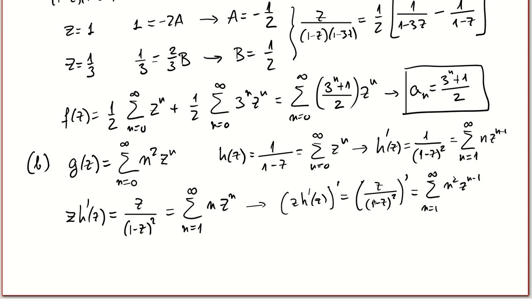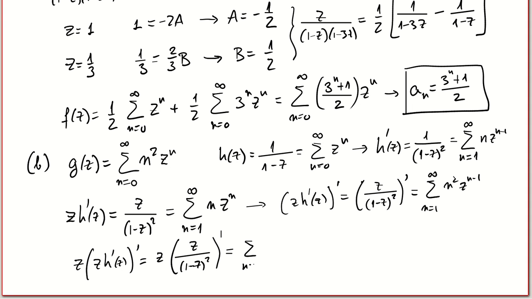And if you multiply by z, so if I do this, z times the derivative of this function, whatever it is, we'll calculate it in a moment, what you get is the sum from 1 to infinity of n squared z to the n.